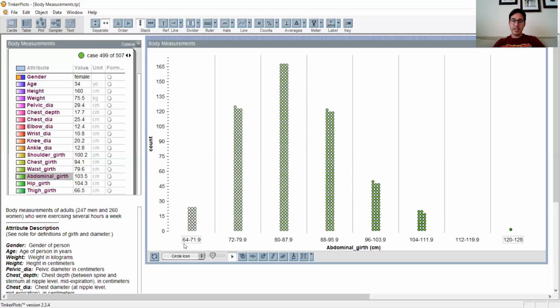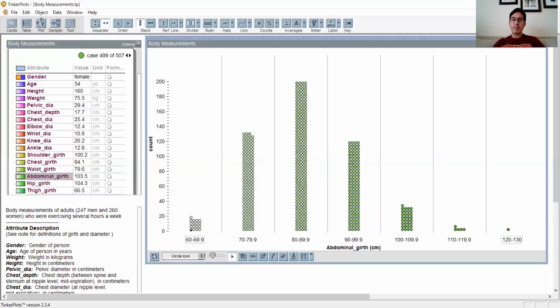So I have 64 to 71.9, 72 to 79.9, and so on. I'm not a big fan of those intervals. I want maybe multiples of 10. So let's start at 60 and use a bin width of 10.